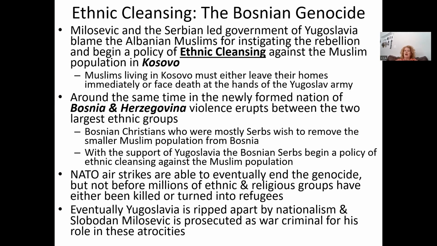So this is a time that was known as the Bosnian Genocide. Milošević and the Serbian-led government in Yugoslavia blame the Albanian Muslims. So this is, again, a type of a rising government trying to take down the rise of a Muslim government.